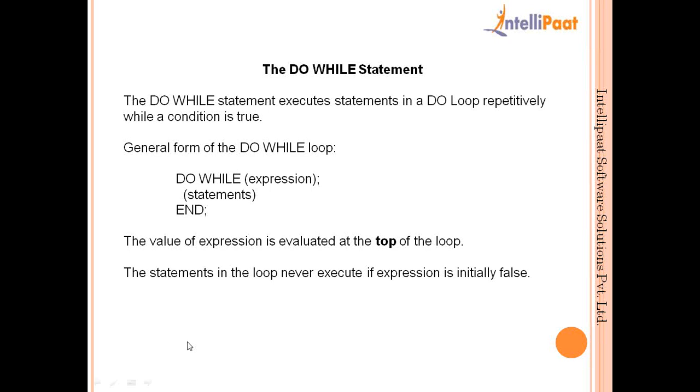The general form of the do while loop would be do while, then your expression, the condition which is going to be true, then the statement which you want to be executed until the condition is true, and then end. The value of the expression is evaluated at the top of the loop. The statement in the loop never executes if the condition is initially false, right?